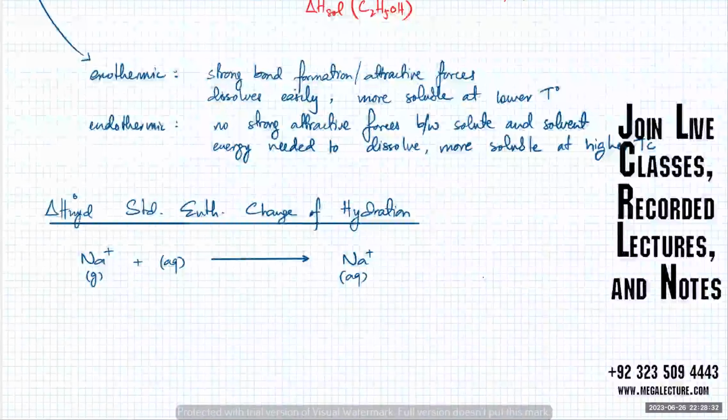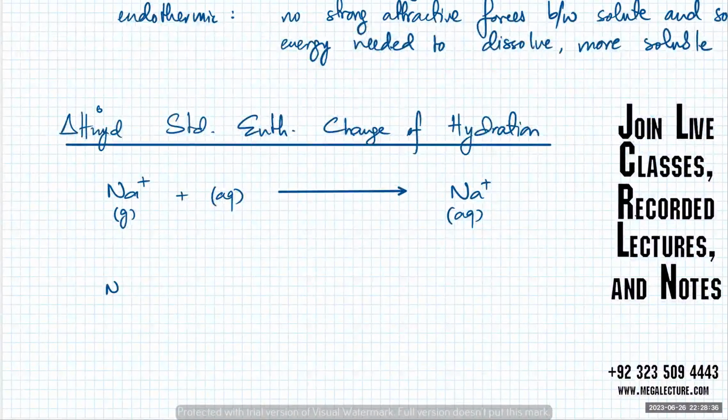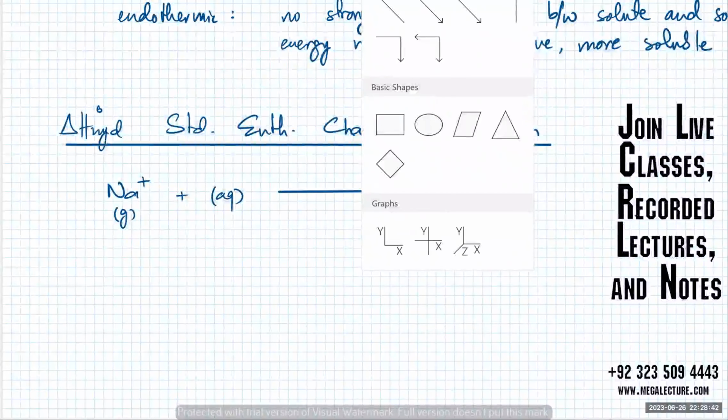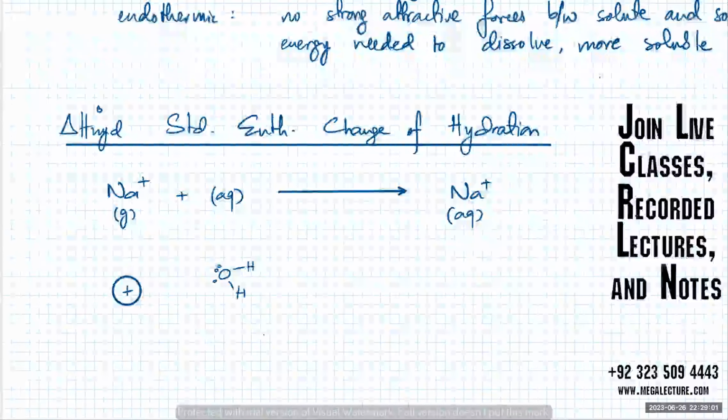So visually, it's going to be something like this: you've got a sodium ion, let's say I've got a circle. That's your sodium ion with a positive charge, and there are lots of water molecules with the lone pairs.